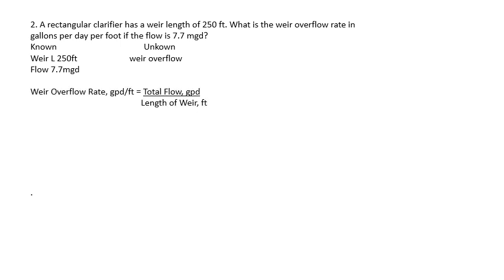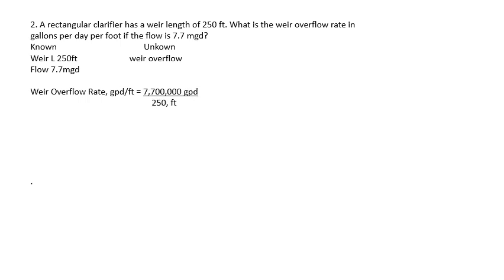We're going to use the weir overflow formula, which is the weir overflow gallons per day per foot is equal to the total flow gallons per day divided by the length of the weir in feet. Well, our total flow needs to be in gallons per day, so we need to convert 7.7 million gallons a day to gallons per day. 7.7 million gallons a day times a million over 1M, which will cancel out and give you 7,700,000 gallons per day.